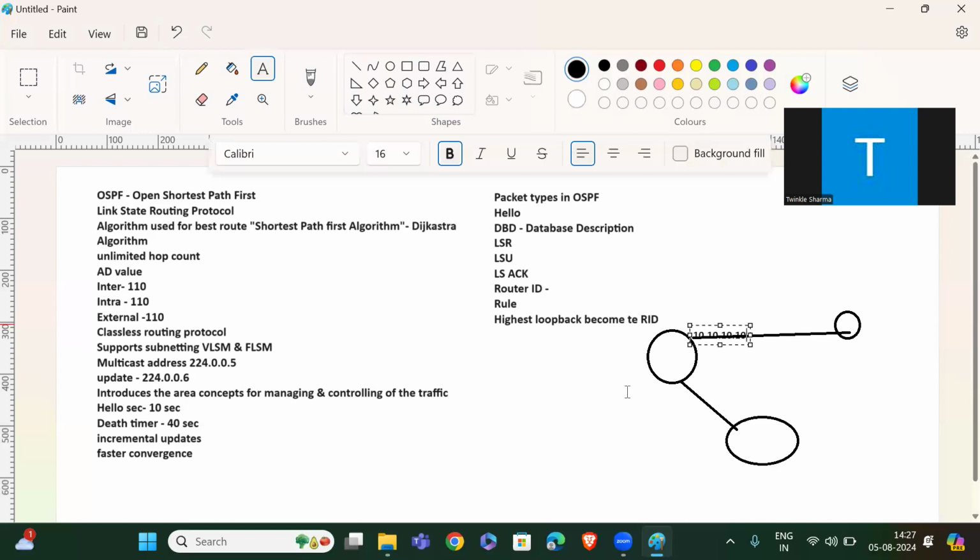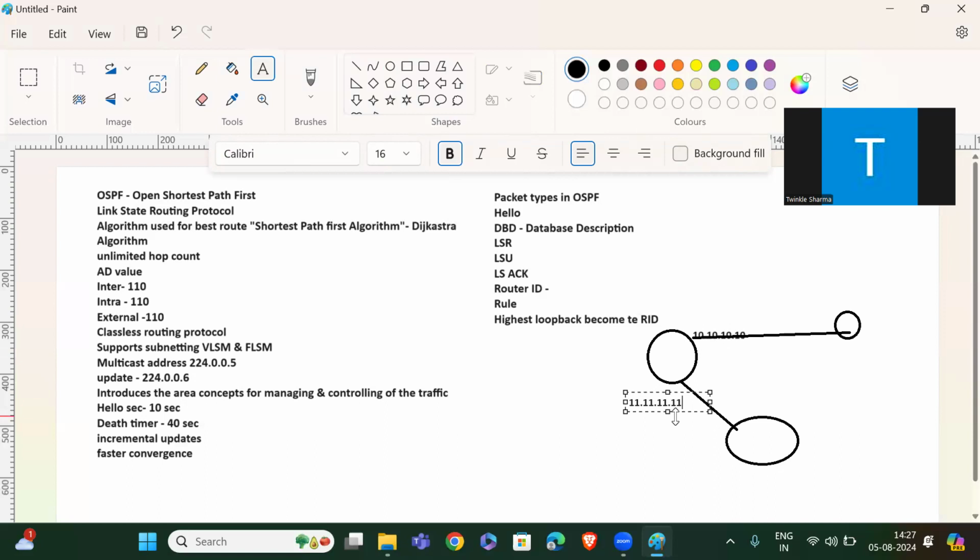And here we have 11.11.11.11. This is the loopback ID. So, which is the router ID in this? The router ID is 11.11.11.11. When we compare loopback IDs, the bigger one will become the router ID.